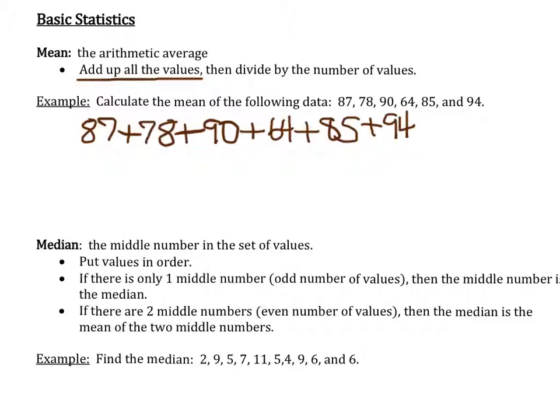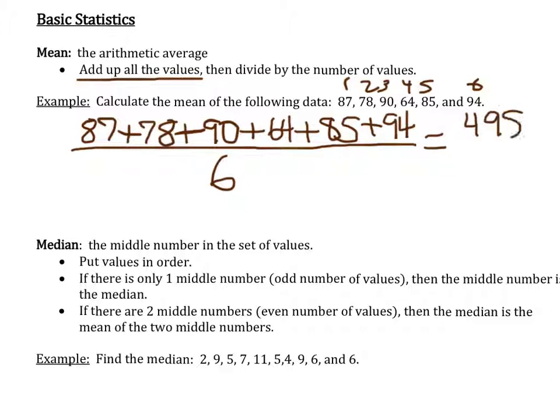Then we're going to divide by the number of numbers we have. That's 1, 2, 3, 4, 5, 6 numbers. When I add all those together, I get 498. I divide 498 by 6, and I get 83.